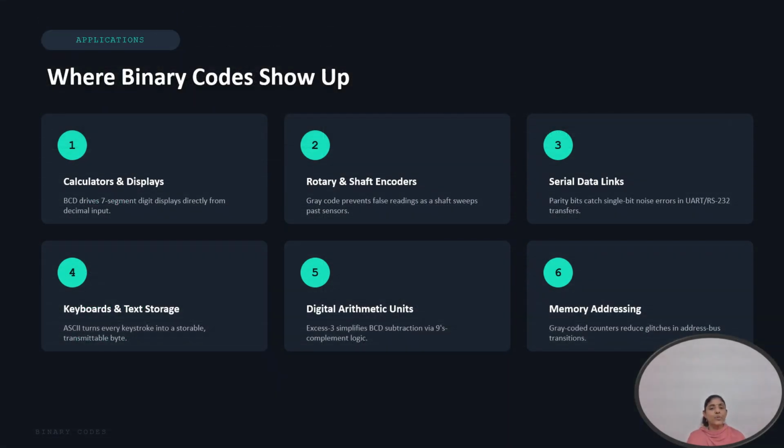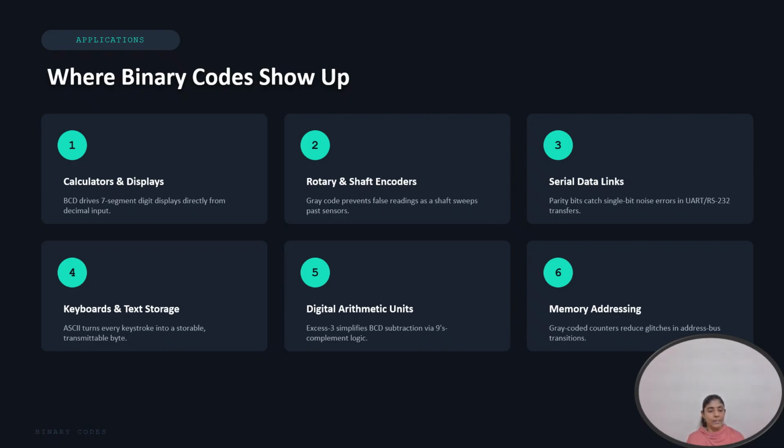Where do these binary codes show up? In your calculators as well as displays. You used to see 7-segment displays, right? Those are actually BCD, driven by a BCD driver. Next, rotary and shaft encoders particularly use gray codes. Next, serial data links use parity bits. Keyboards and text storage use ASCII, as I already told you.